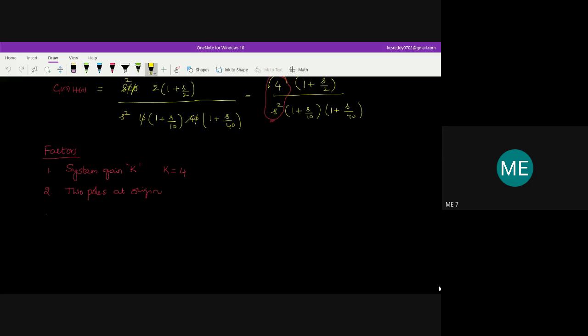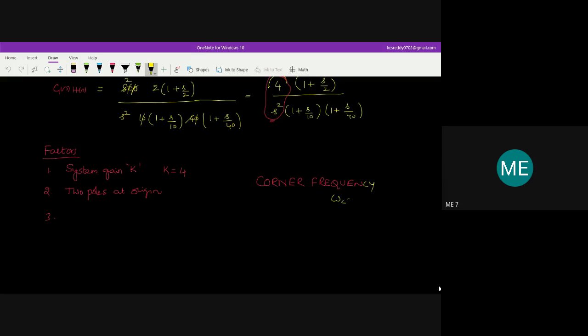So the third one is, what are the poles we have here? Here we look at the corner frequency. If you look at the 1 plus Ts form, what is the corner frequency?